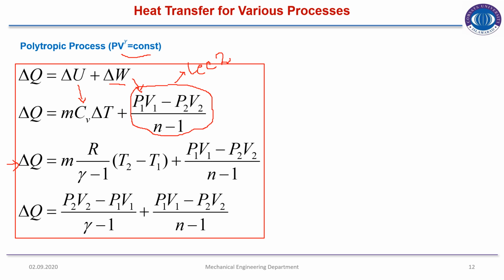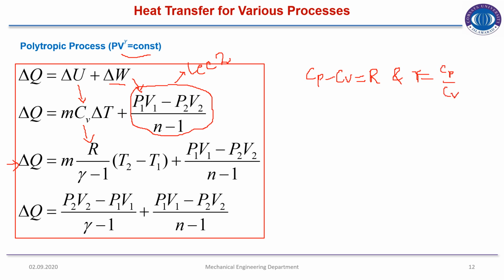How is Cv obtained? There are basically two expressions: Cp minus Cv is equal to R, and gamma is equal to Cp over Cv.